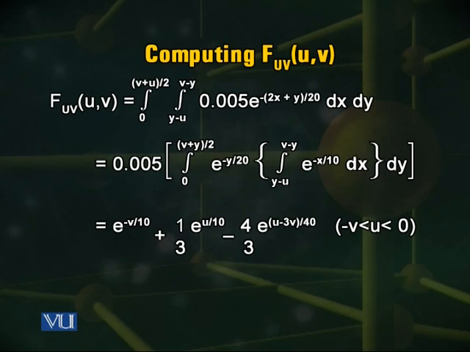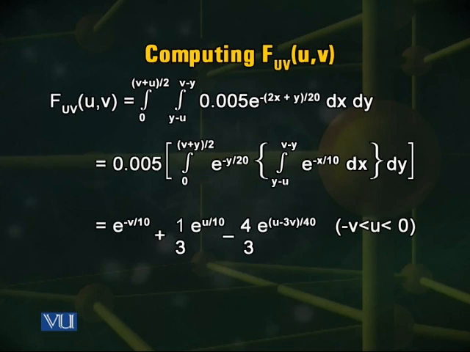On your screen you can see that if u is less than 0, a negative number, then the expression for the joint CDF of u and v comes out to be e raised to power minus v over 10 plus 1 over 3 times e raised to power u over 10 minus 4 over 3 times e raised to power u over 40 minus 3v over 40.